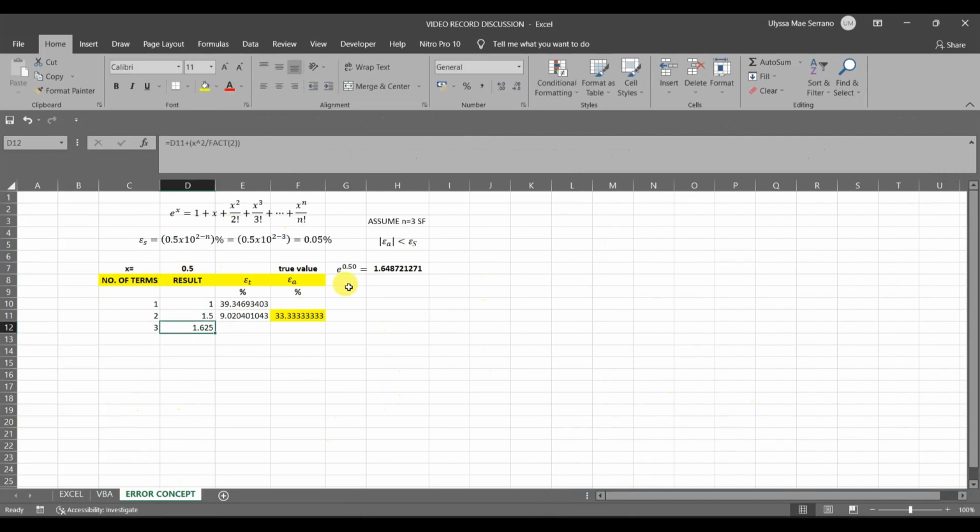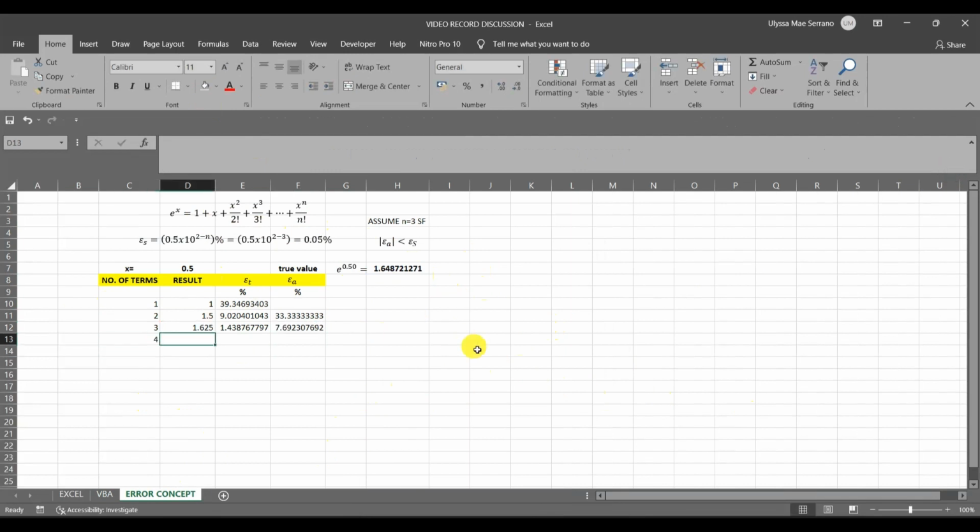So, this would be the value for our third term or the third iteration natin. So, meron tayong tatlong term na ginamit hanggang 2 factorial. So, same procedure. So, copy natin. So, check na true minus the estimate over true value for the percent relative error. And for the approximate percent relative error, this would be the current minus previous over the current.